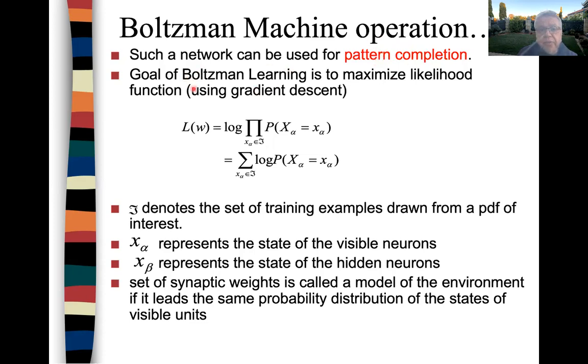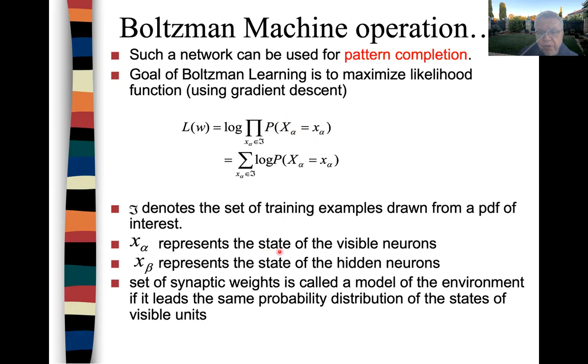So in this case, the goal of the Boltzmann machine is to maximize the likelihood function, or the log of the likelihood function, using gradient descent. The likelihood is the product of the probability that your visible neuron is at a certain state.